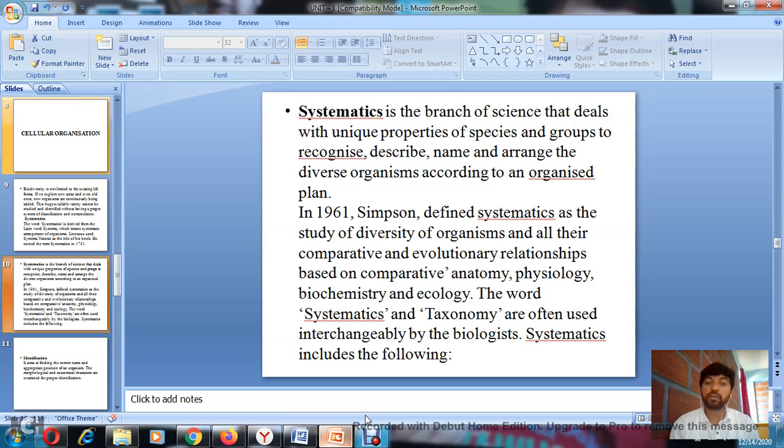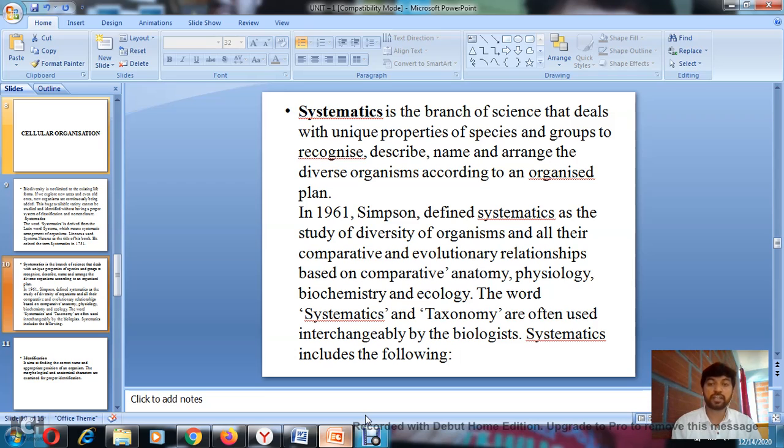And it will be based on comparative anatomy, how the structure of an organism is; physiology, all the functions of the structures and organ systems; biochemistry, all the molecules and chemical reactions in it; and ecology, where they are living, what their habitat is, and what kind of interactions they have with each other among the biodiversity, right?